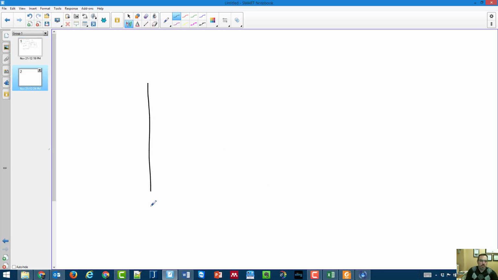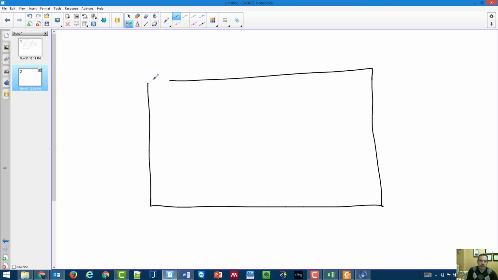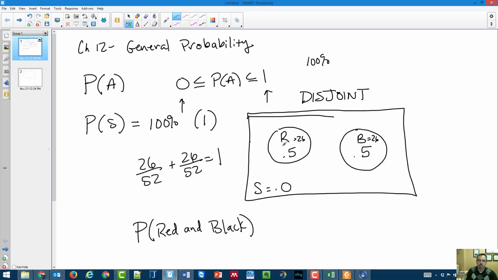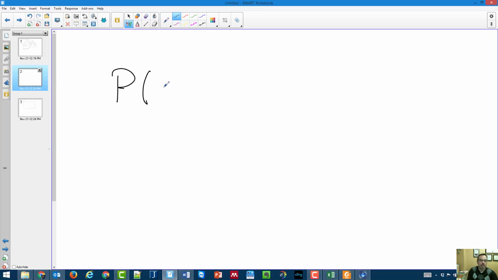However, if I use the same idea with a deck of cards and say I want to find out the probability of getting a red card or a king. All right, normally we would have said in this last example, the probability of getting a red card or a black card, because they're disjoint, we just add them together. So if I wanted to find the probability of getting a 5 or a 6, I would have looked at each one of these.